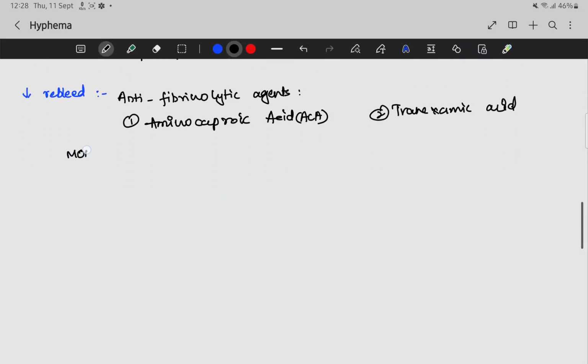So what is the mechanism of action? These are lysine analogs. They bind to the lysine binding sites on plasmin, which prevents plasmin from attacking the fibrin clot.